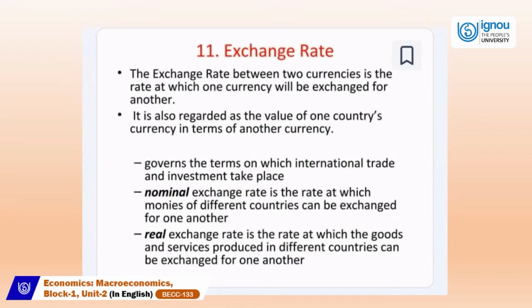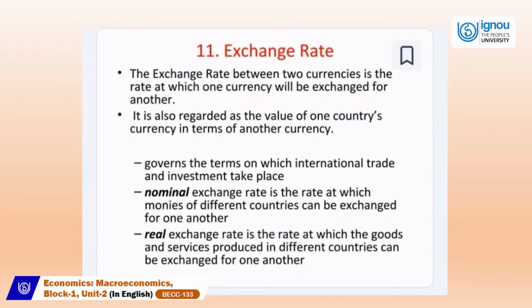The real exchange rate refers to a rate where the goods and services produced in different countries can be exchanged for one another. This rate would apply when companies produce goods and services in different countries and their currencies can be exchanged for one another.